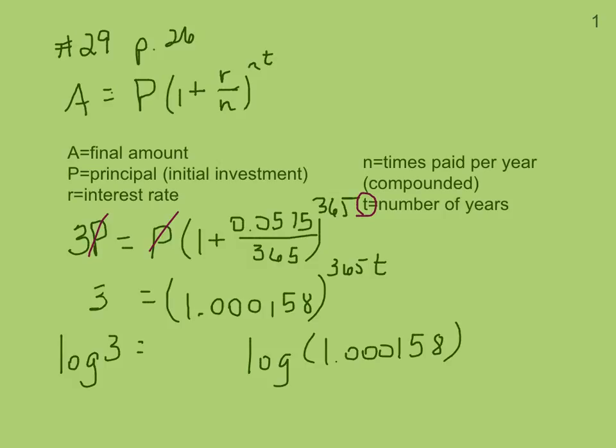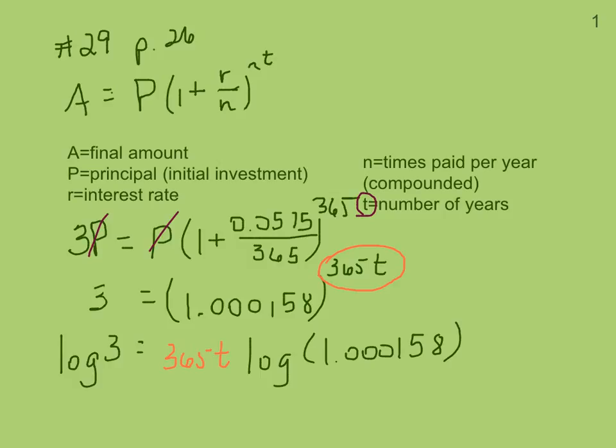But what happens is this 365 here, when you take the log of both sides, that moves as a coefficient to the front. And it makes it so much easier to solve for t.